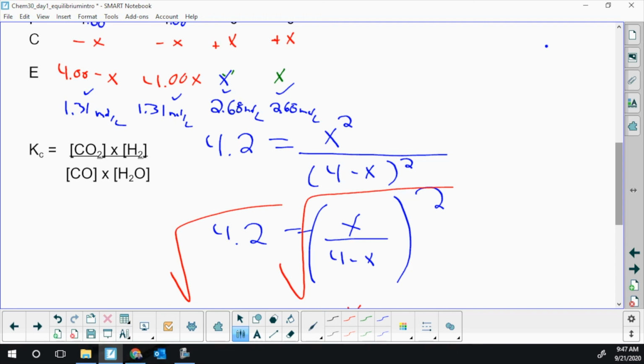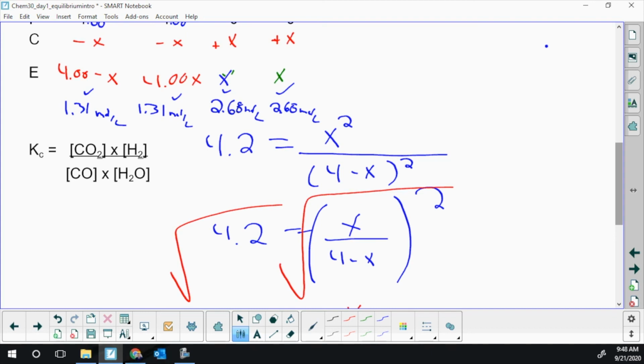Chem 30 is rigged to make the math straightforward. There's an assumption we're going to talk about that will simplify the harder questions. At no point should you ever use the quadratic formula to solve a question within Chem 30. In AP, we will solve some questions that require the quadratic formula, which is a very doable skill for you.